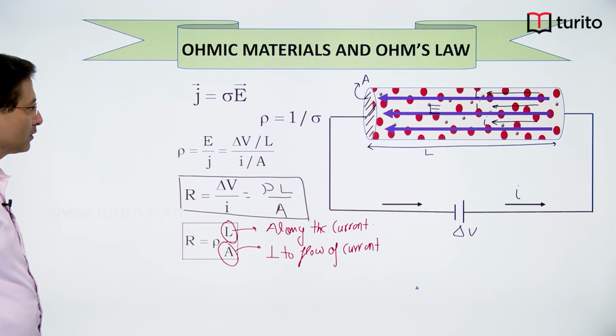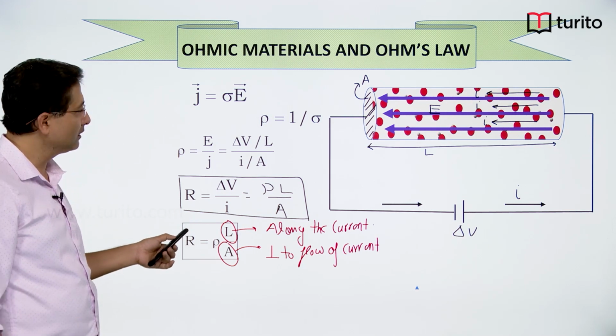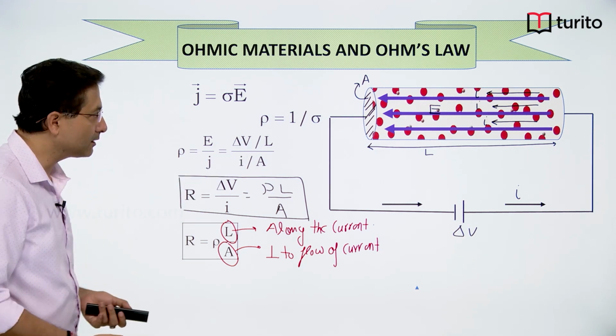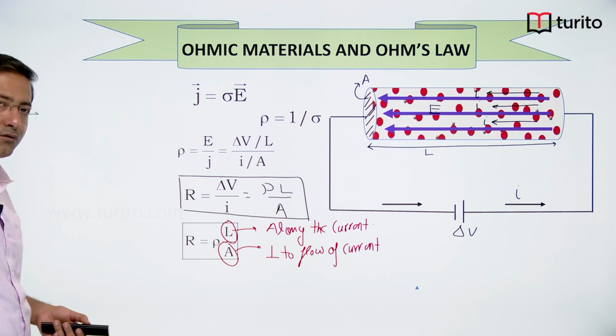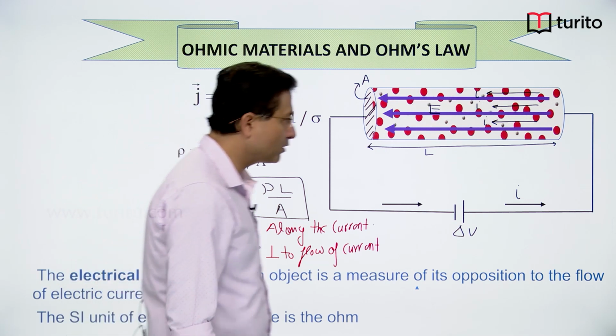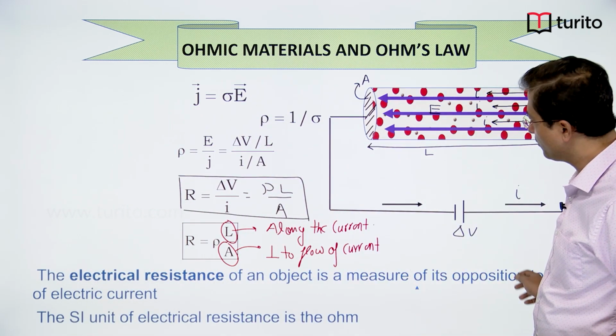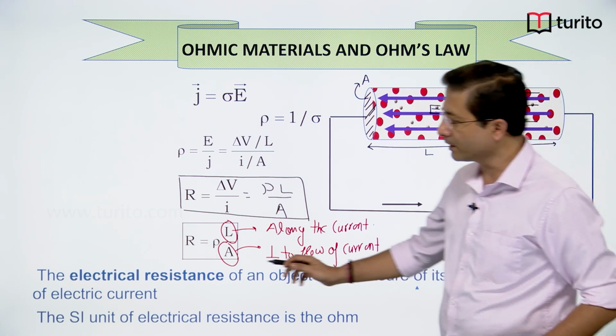Right. So, here you have to carefully substitute all the values to find out the resistance offered by the rod to the flow of current. R is nothing but the measure of electrical resistance of an object. It is the measure of opposition to the flow of current.